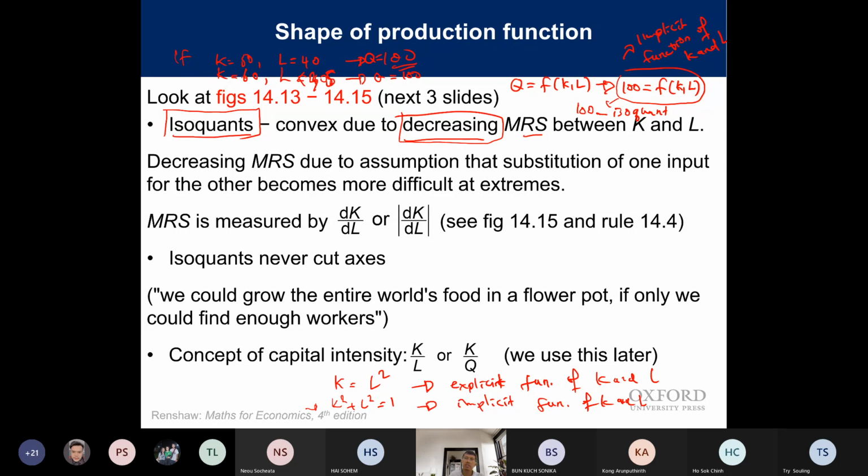So this means that 10 K is equivalent to 5 L, right? Because 10 K will be replaced by 5 L, right? So this means a rate of substitution.